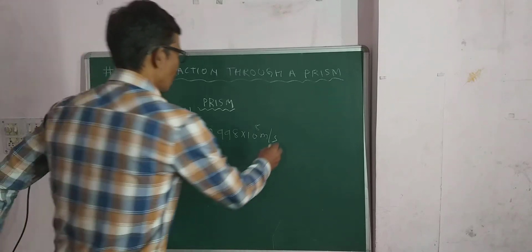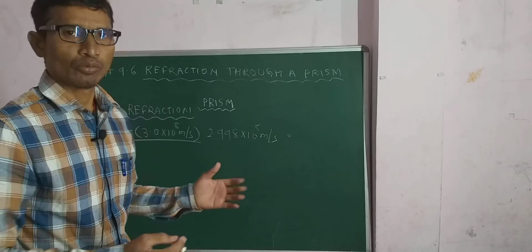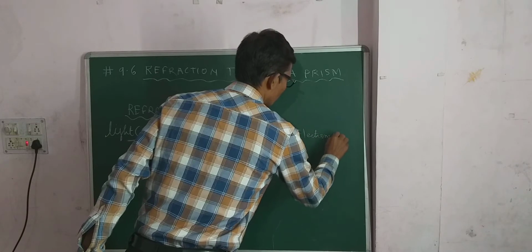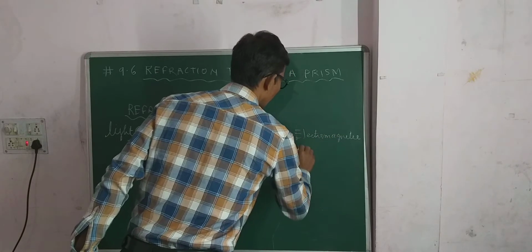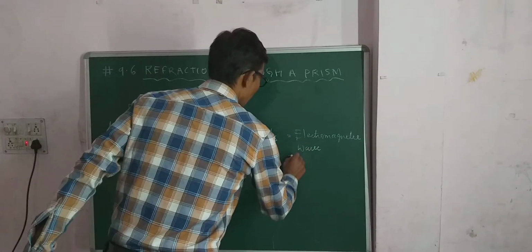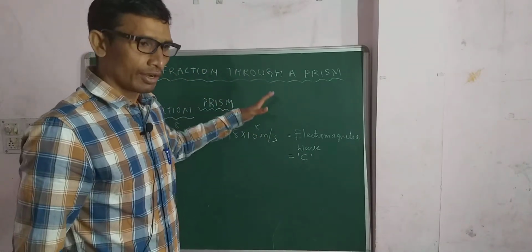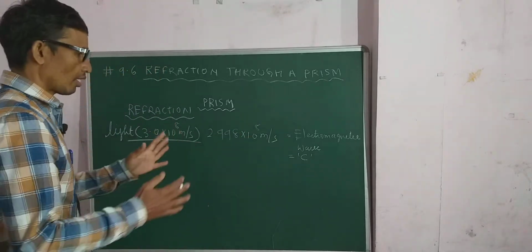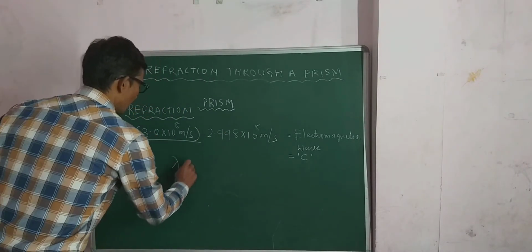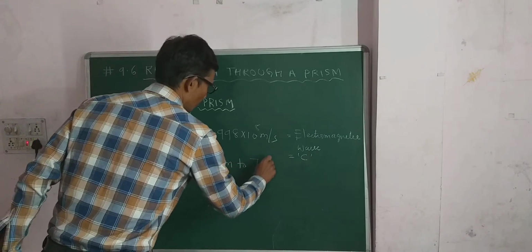Light is also called an electromagnetic wave, or electromagnetic radiation. Mostly we denote it by C. The radiation range in wavelength, 400 nanometer to 700 nanometer, is called visible light. It is the part of electromagnetic radiation visible to our human eyes, and its wavelength range is 400 nanometer to 700 nanometer.